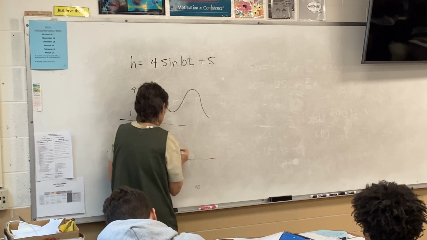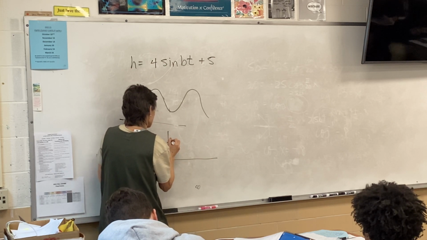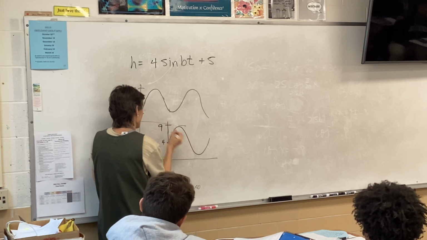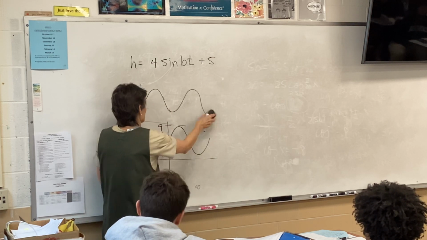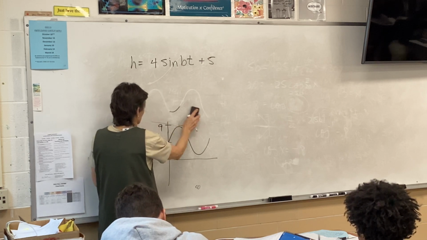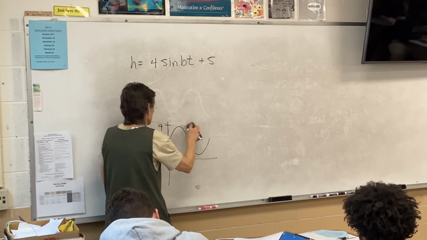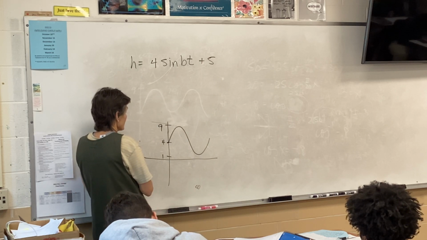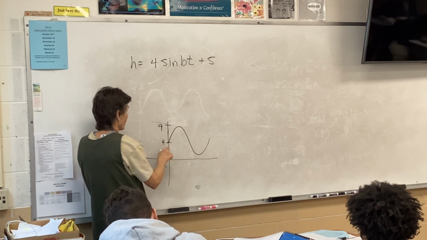So let me draw a better picture here. It's actually a sine curve. Here we go. So it's going up to 9 and down to 1. Oh wait, the amplitude isn't 4.